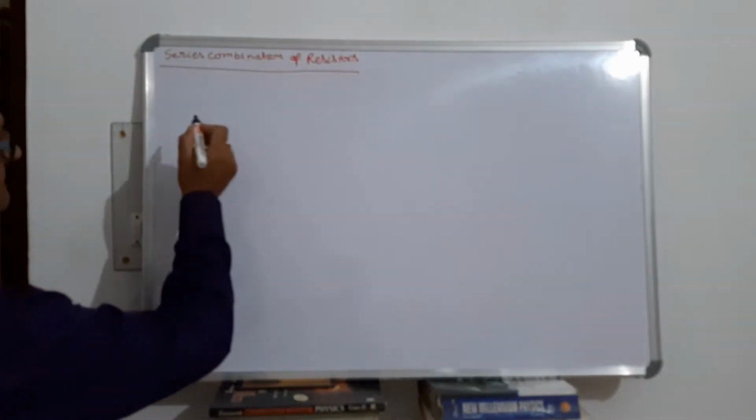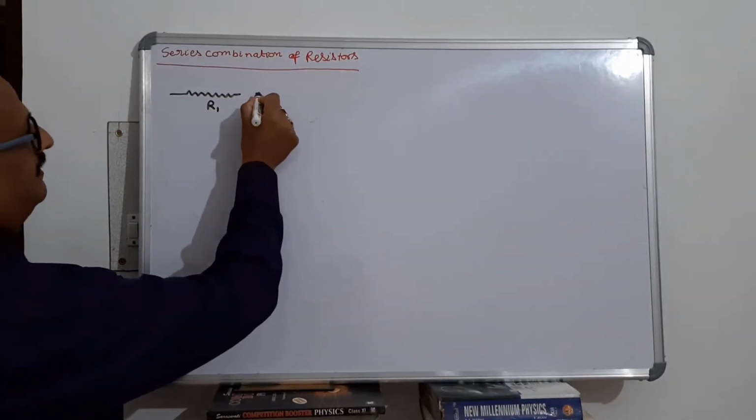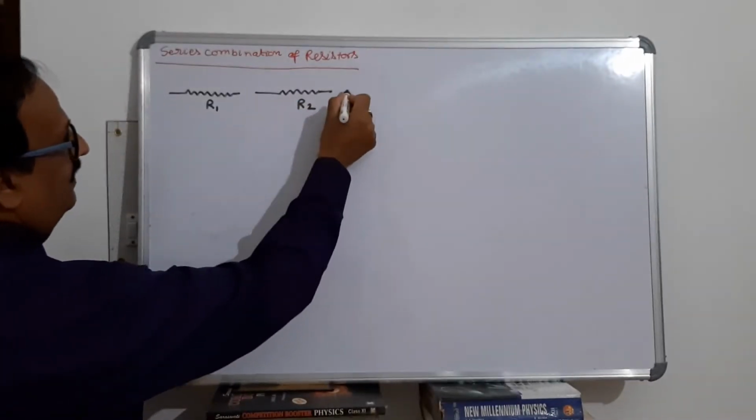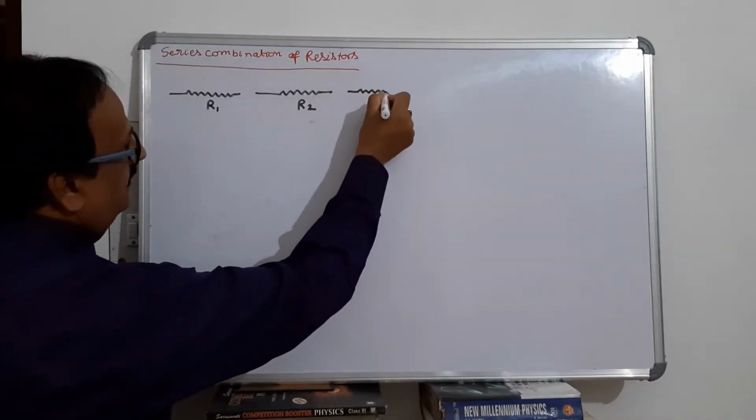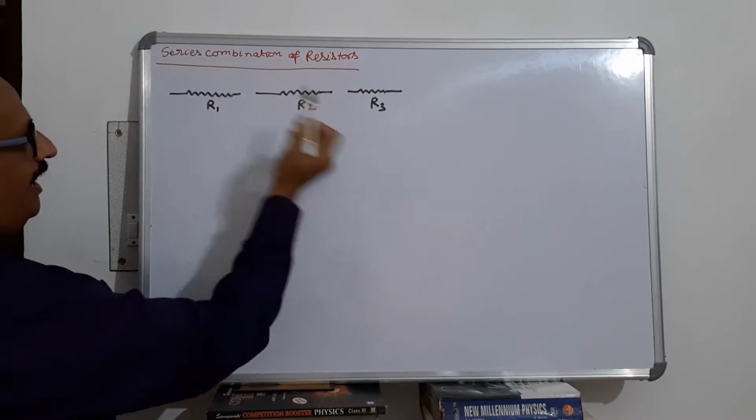Suppose that there are three resistors. This is resistor R1. This is another resistor R2. And this is another resistor R3.